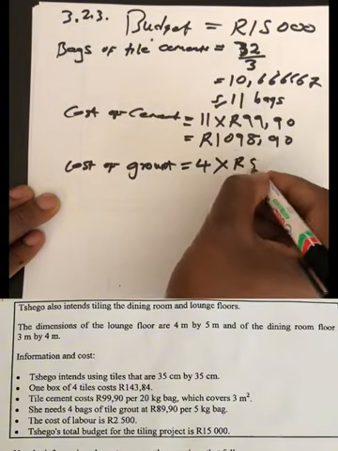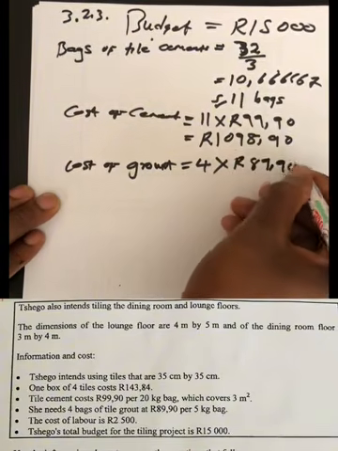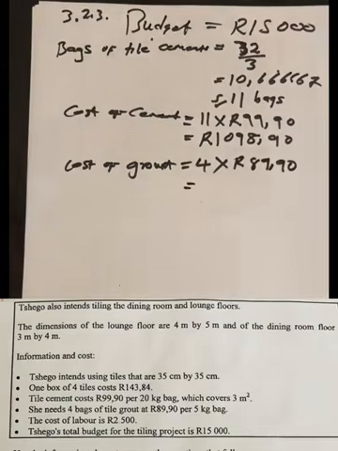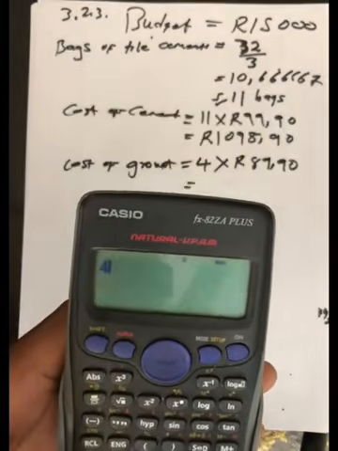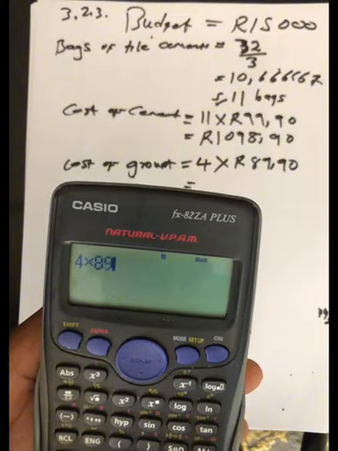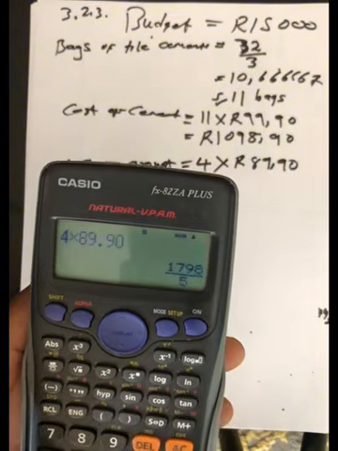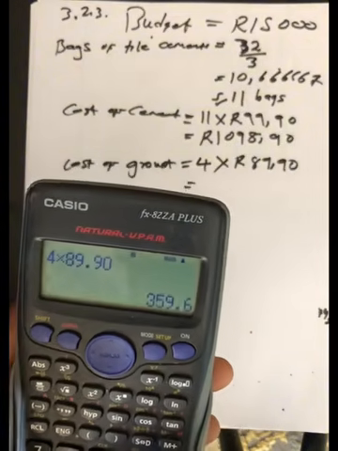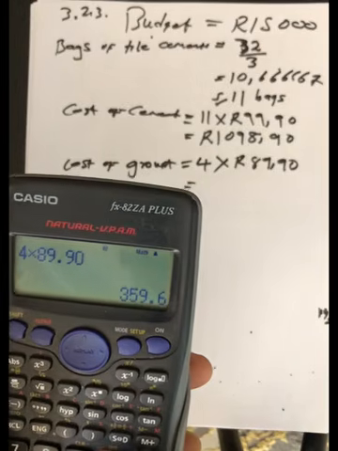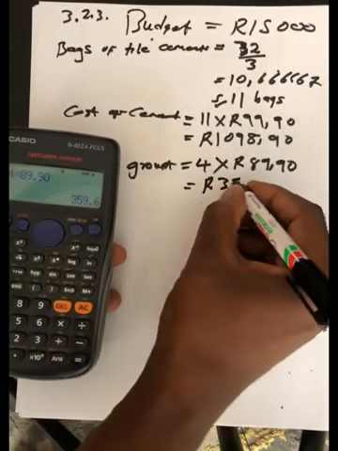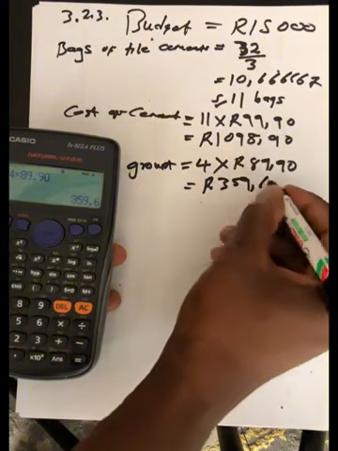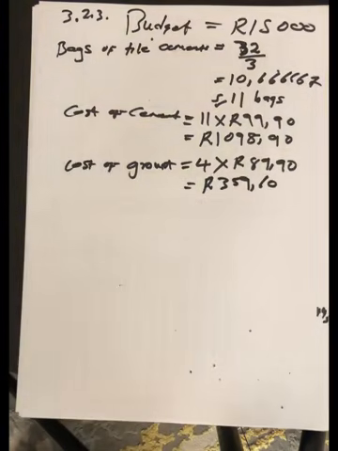So let's do the calculation for this. 4 multiplied by 89.90. Our answer is 359.60. Answer is 359.60.